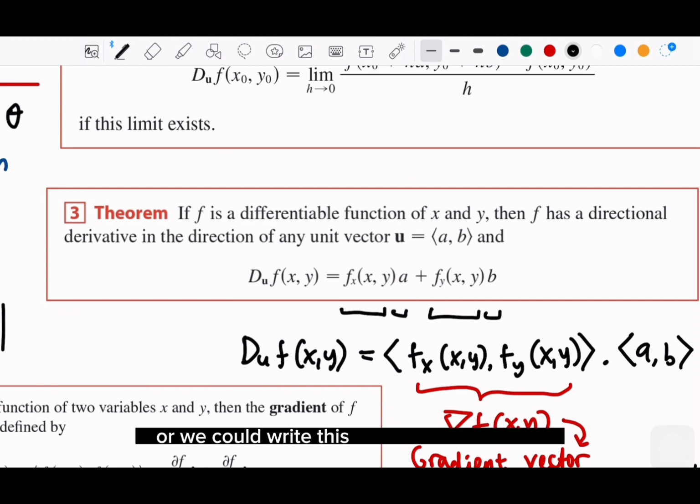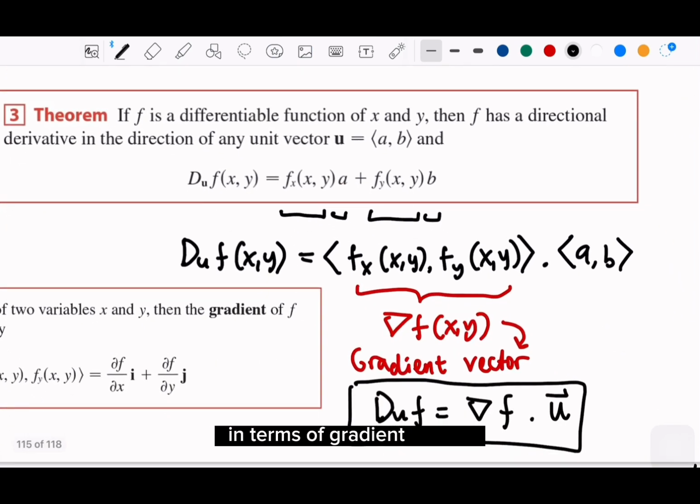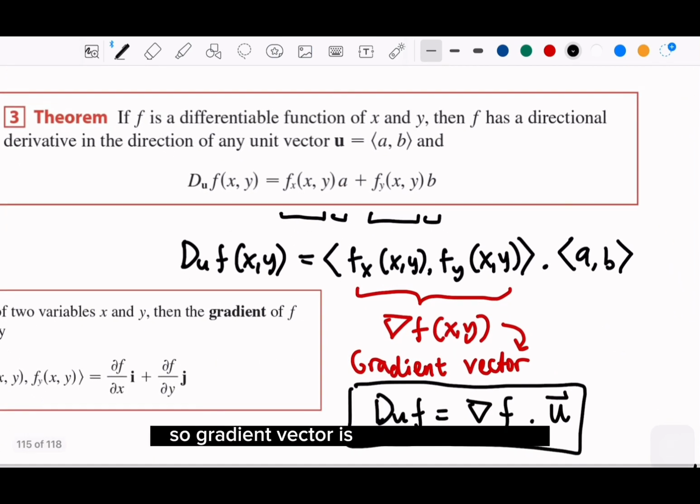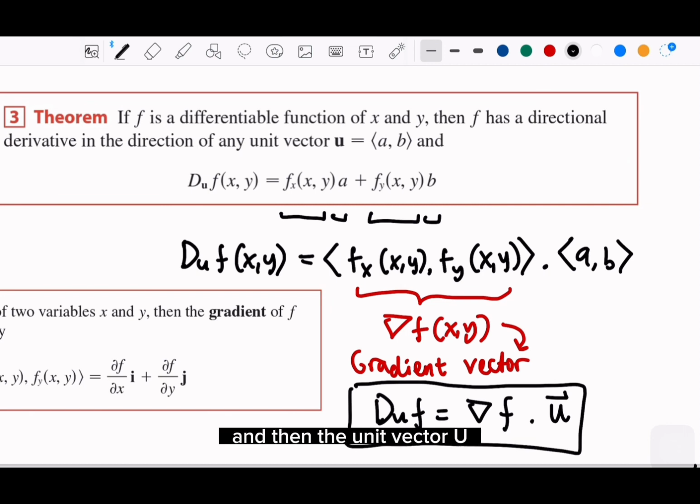Or we could write this directional derivative in terms of the gradient vector. The gradient vector is our vector composed of partial x and partial y. So this is going to be the dot product of this gradient vector and the unit vector u. That is the directional derivative.